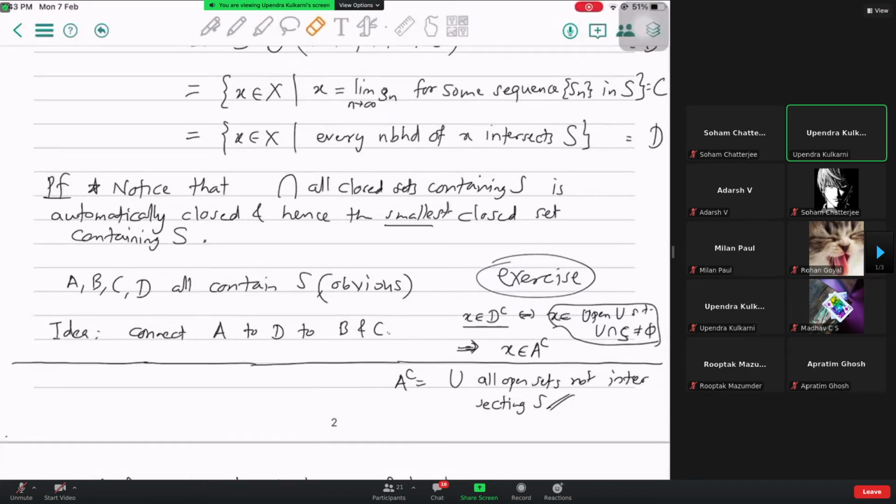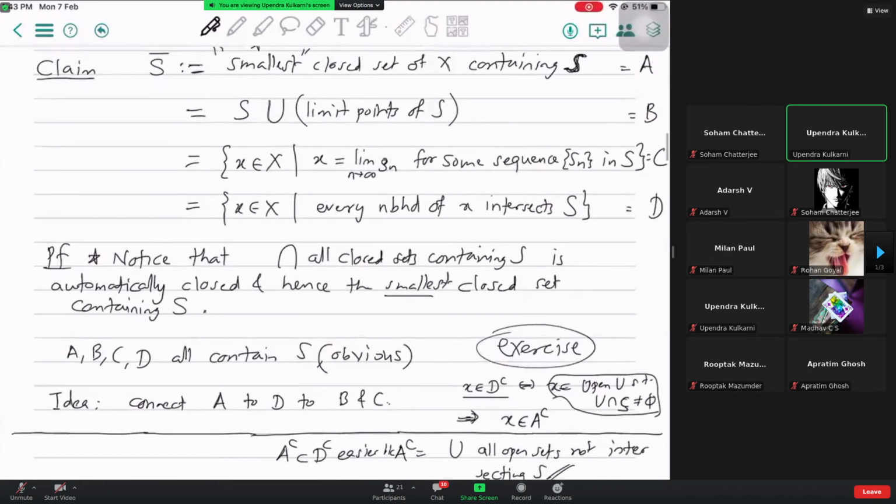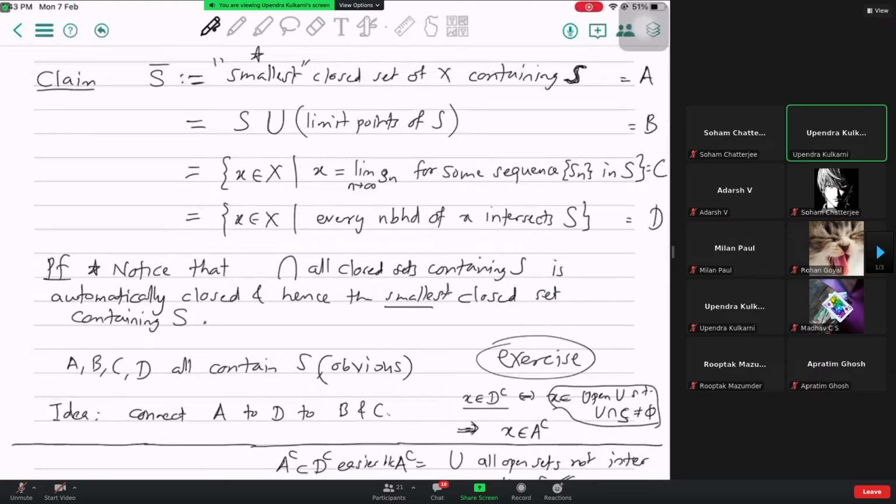So A complement contained in D complement is easier, because A complement is itself open. No. Remember, A is a closed set. So A, D, and D are really just a dictionary, just like going open and closed.